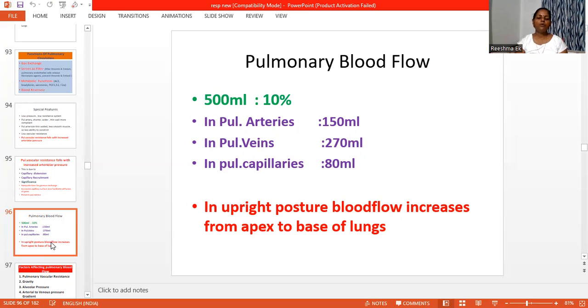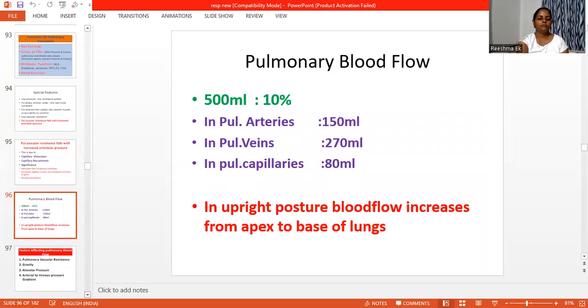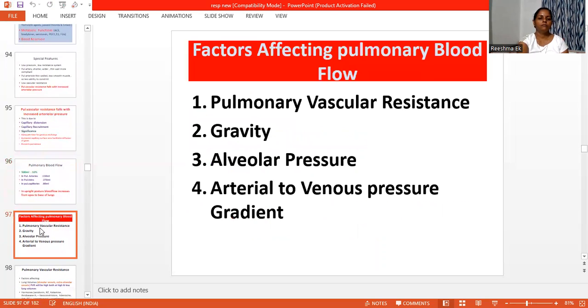And the blood flows in upright posture. Blood flow increases from apex to base of lungs. Factors affecting pulmonary blood flow: pulmonary vascular resistance, gravity, alveolar pressure, and arterial to venous pressure gradient.